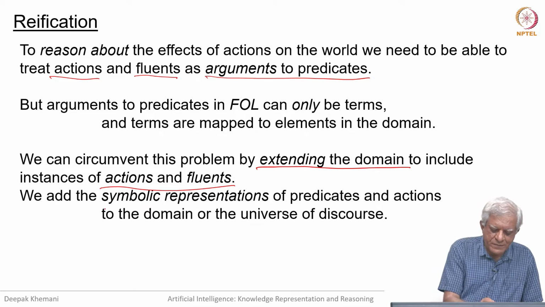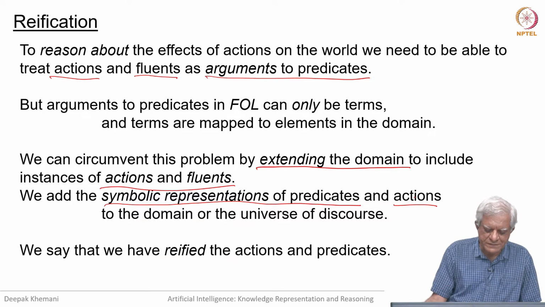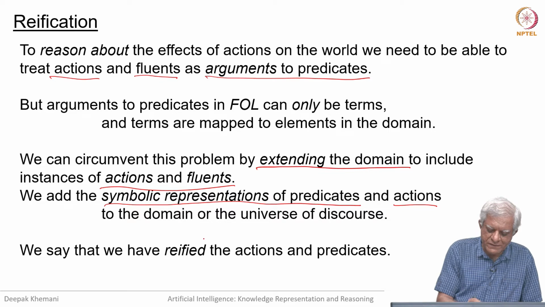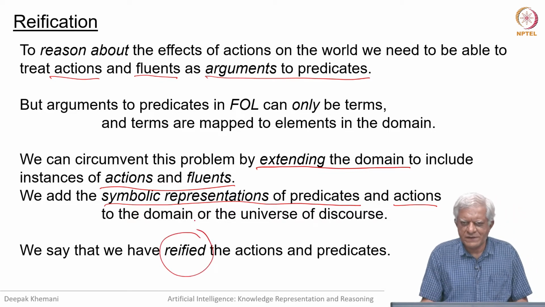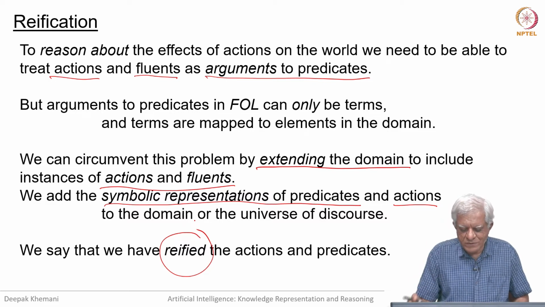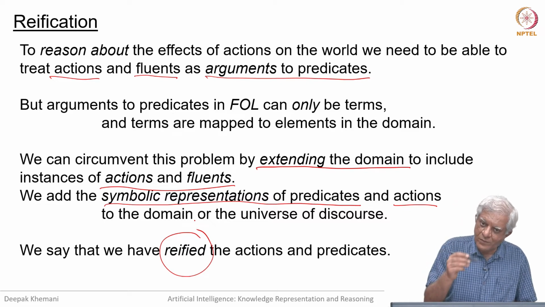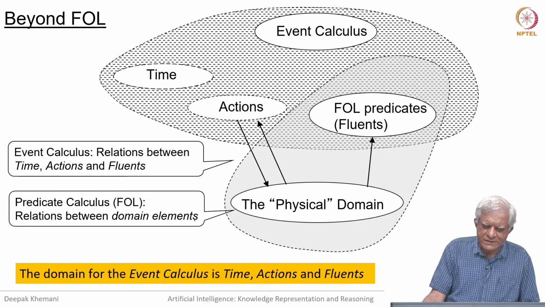We add the symbolic representations of predicates and actions to the domain or the universe of discourse, and we say that we have reified the actions and predicates. We have looked at this process of reification when we create new kinds of entities and add them to the domain. So, now we are saying actions and formulas themselves, or fluents, will be added to the domain. This is how the world of event calculus looks like.